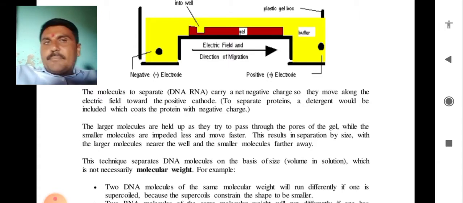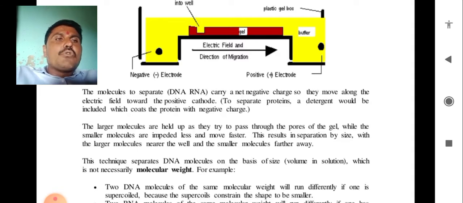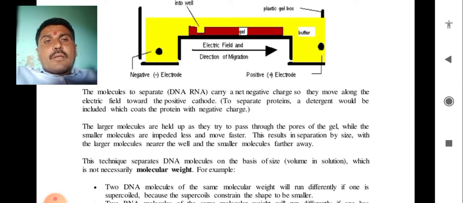They are held up because they don't have the capability to pass, while the smaller molecules are impeded less and move faster. As the bigger molecule is held up, it moves a little slower than the smaller molecules. The smaller molecule is active and moves much faster.